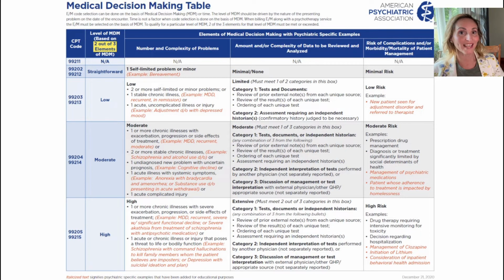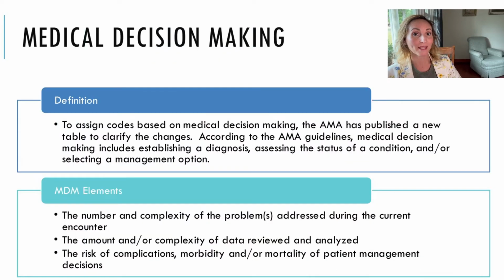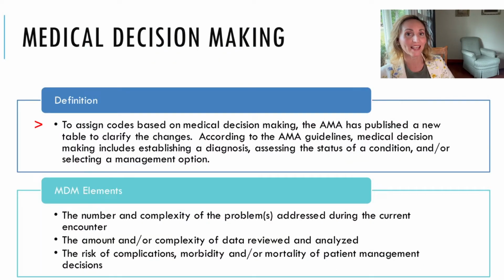The American Psychiatric Association, under the Elements of Medical Decision Making, has provided some examples specific to psych in red for educational purposes. According to the AMA, medical decision making includes establishing a diagnosis, assessing a status of a condition, and/or selecting a management option.